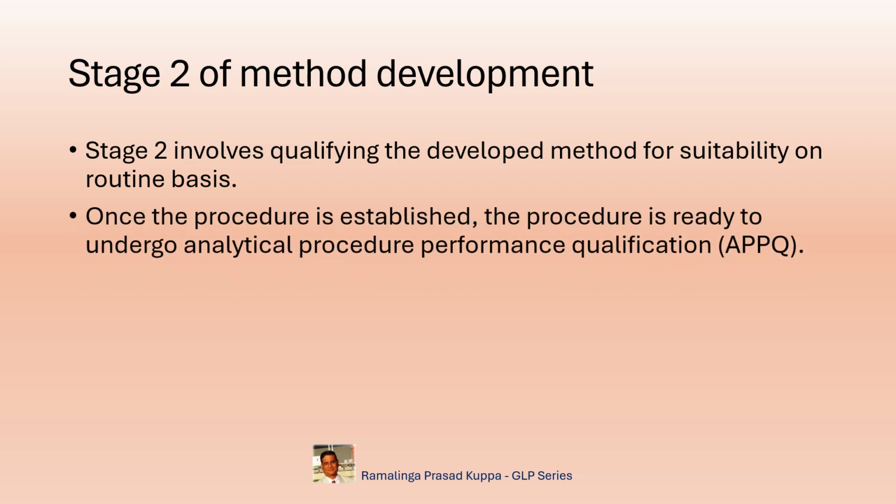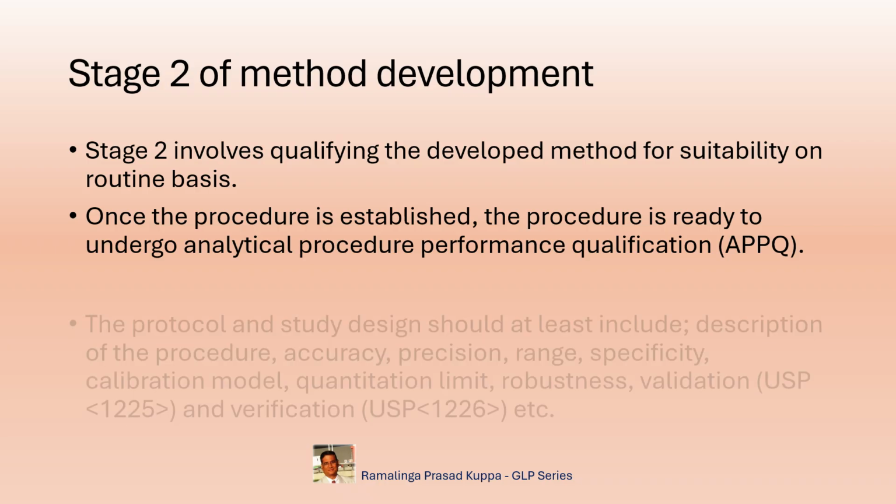Once the procedure is established, the procedure is ready to undergo analytical procedure performance qualification, APPQ. APPQ is full validation of the test method as per USP or EP or ICH Q2 or Q14. The information will be more or less the same in all the guidelines.